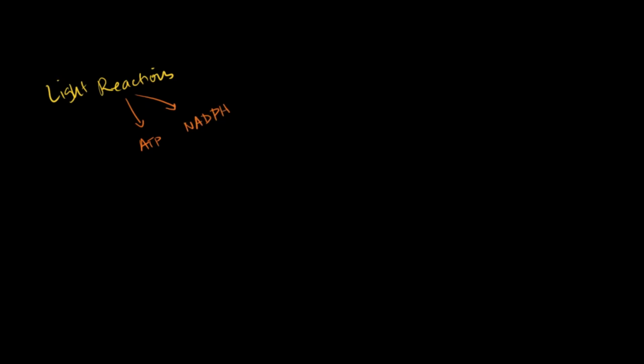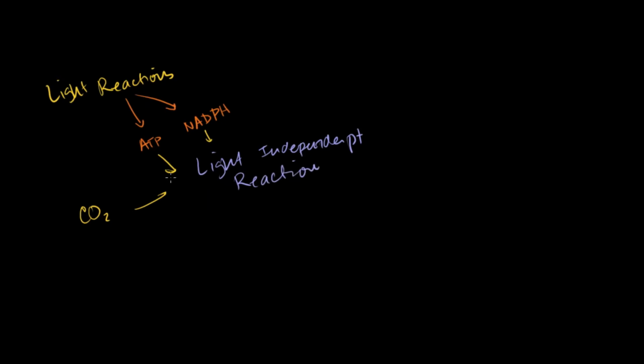And now we're going to take some carbon dioxide from the atmosphere, and all of this will go into the, I'll call it the light independent reactions, because dark reactions is misleading. The actual mechanism is called the Calvin cycle, and that's what this video is really about.